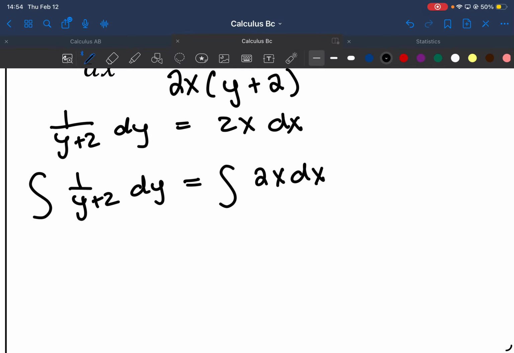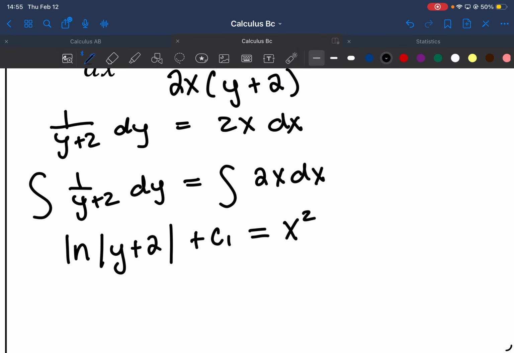However, when I take the derivative of u, what am I going to get? 1. So is it going to change my integral? No. So really, I can just look at this and say, well, this is the same as saying the natural log of absolute value of y plus 2. And then, of course, plus c1. Okay, and then this is equal to 2x squared divided by 2, which is just x squared, because the 2's will cancel, plus c2.